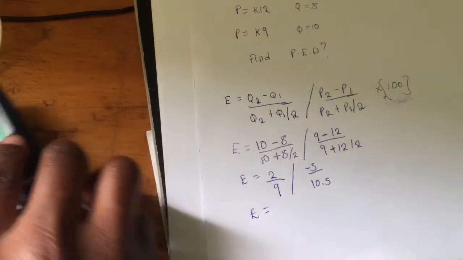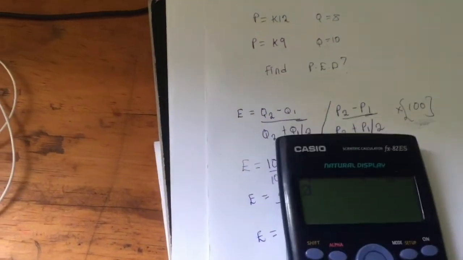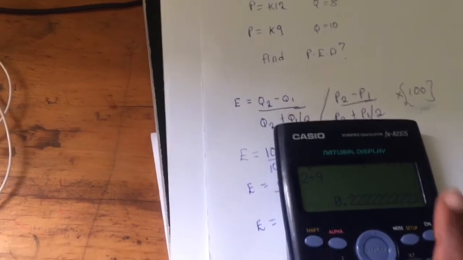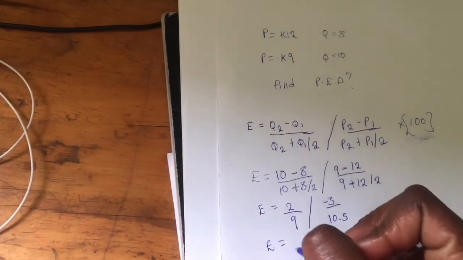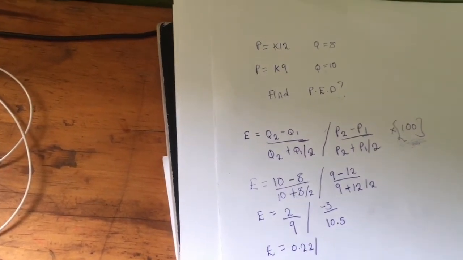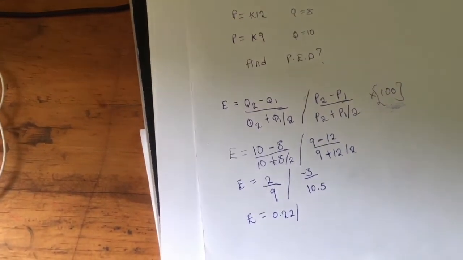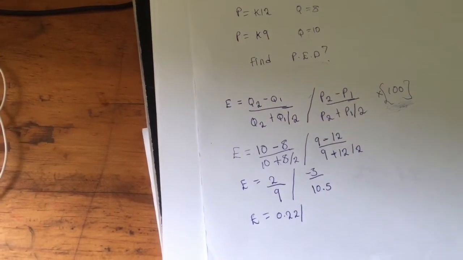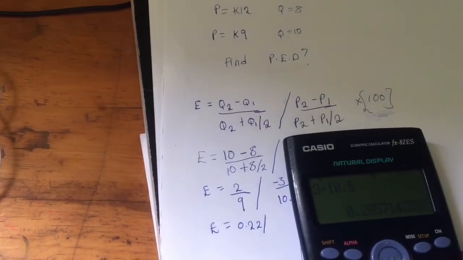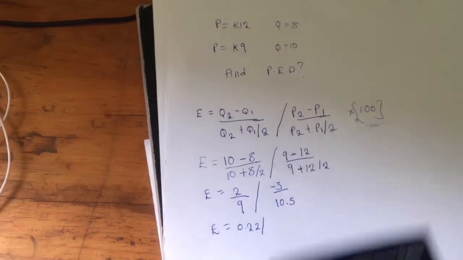I'll quickly do this on the calculator. So 2 divided by 9 is 0.22. Then 3 divided by 10.5, and I'll ignore the negative for now, is 0.2857. I'll round it off to 2 decimal places, and that's 0.29.